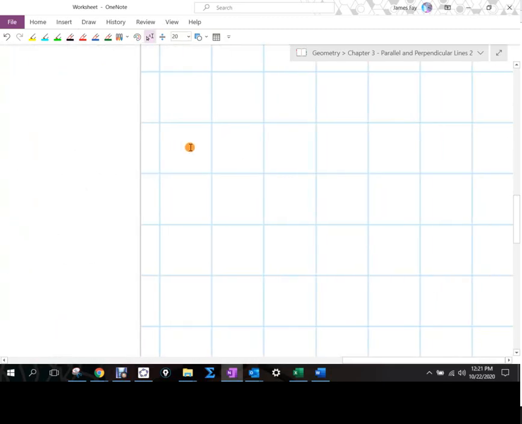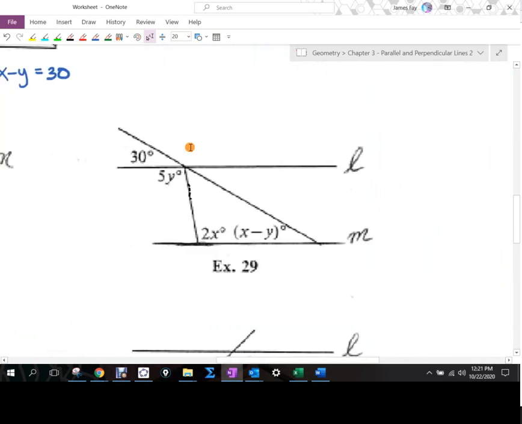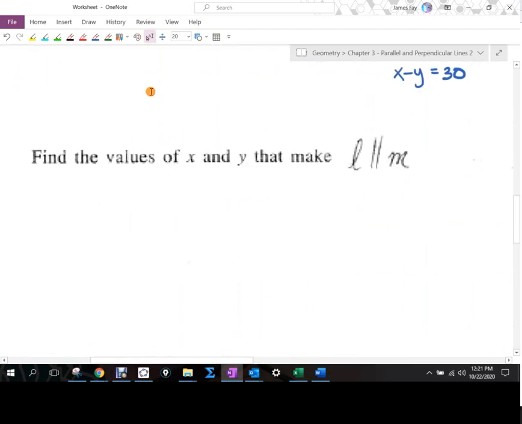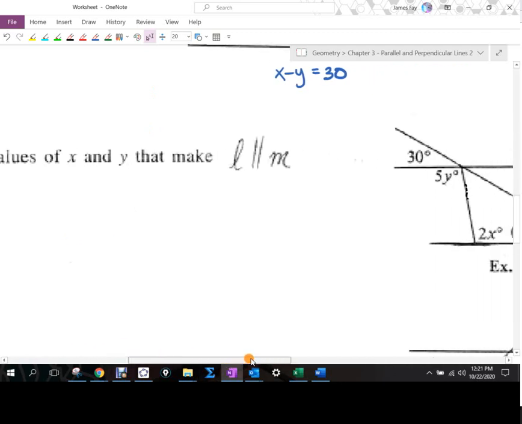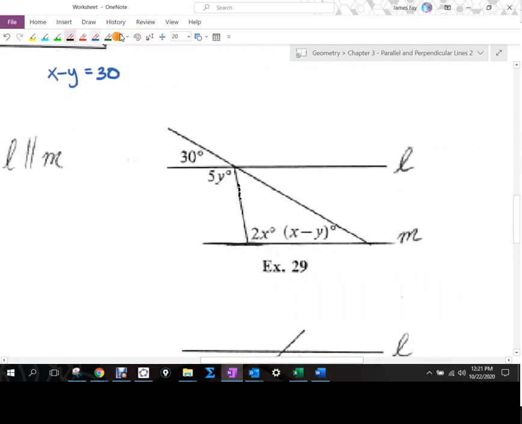Question 10. Did you get x to be 50 and y to be 20? All right, so we want L and M to be parallel, right? So focus on those. Okay.